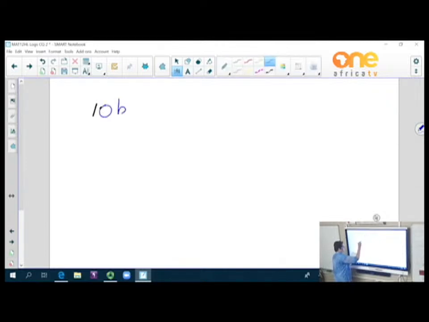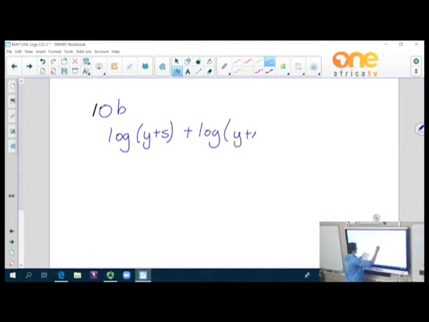So it is log (y plus 5) plus log (y plus 4) is equal to log (9y plus 29).